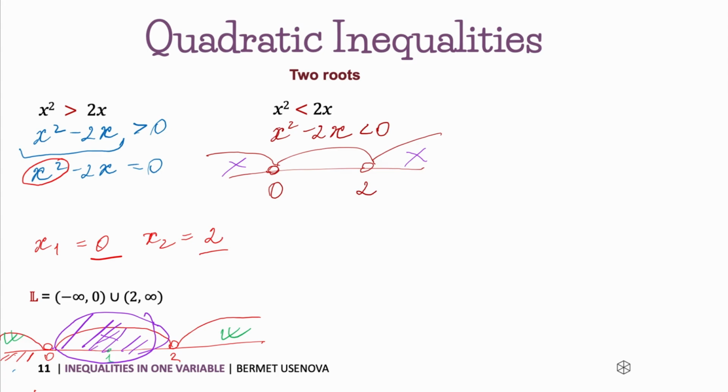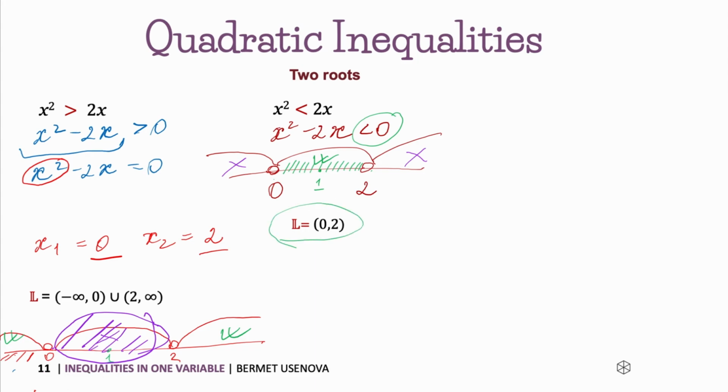But if we take 1, which lies just in between, we get something smaller than 0. We will get minus 1. So it means that everything in the interval between 0 and 2 will be our solution set, except these two points, which will be excluded because we don't have the equality sign here.